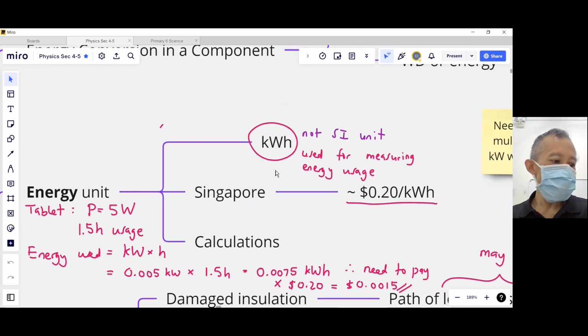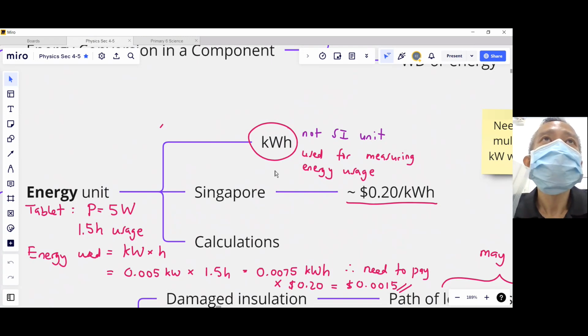Now, take note of this unit. Kilowatt hour is actually a unit for energy. In fact, I would say almost all the utilities over the world make use of this unit to measure energy, how much energy you use in your house or even in your commercial space.